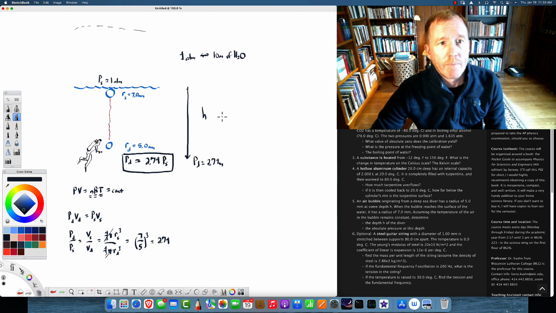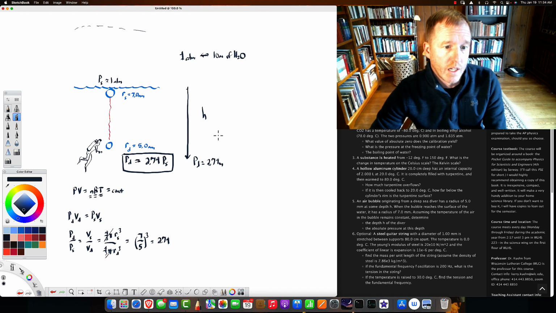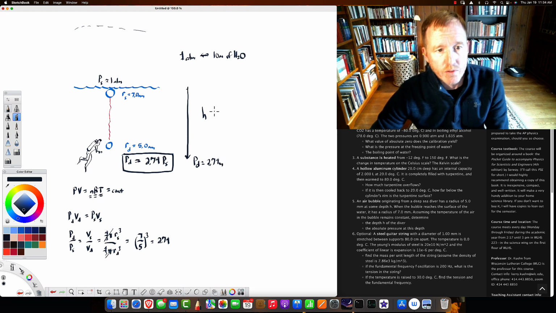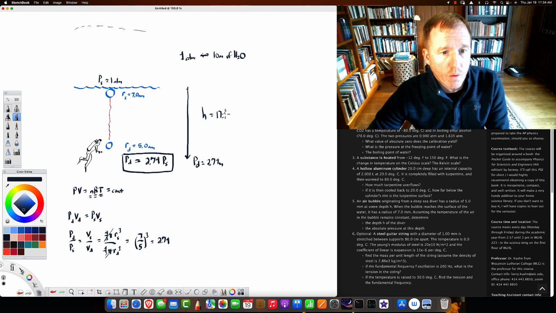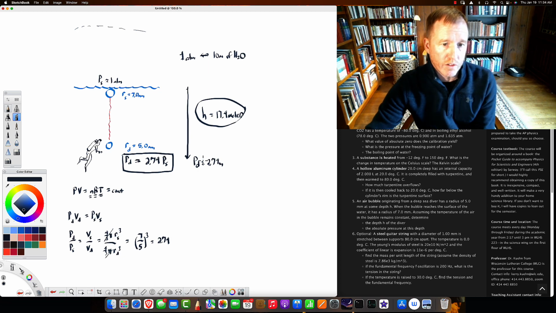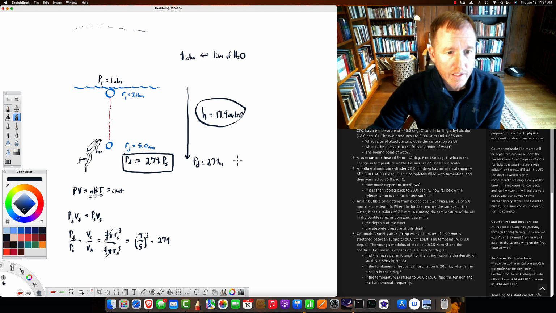If every 1 atmosphere corresponds to 10 meters of water, and the pressure has gone up from 1 atmosphere to 2.74 atmospheres, that means the change in pressure is 1.74 atmospheres, which means the depth is about 17.4 meters. So that's a pretty easy way to figure out how deep the diver is, 17.4 meters.